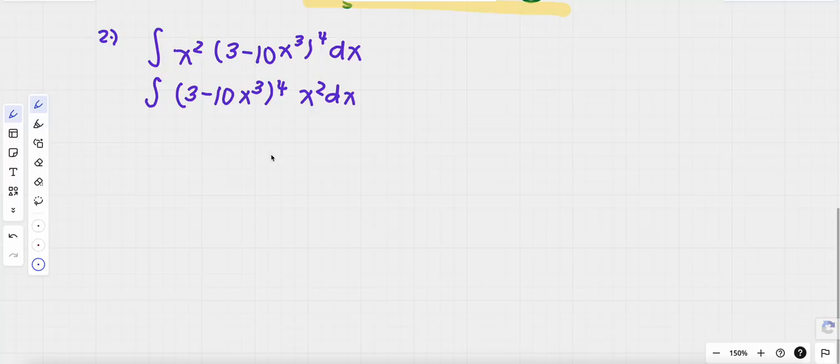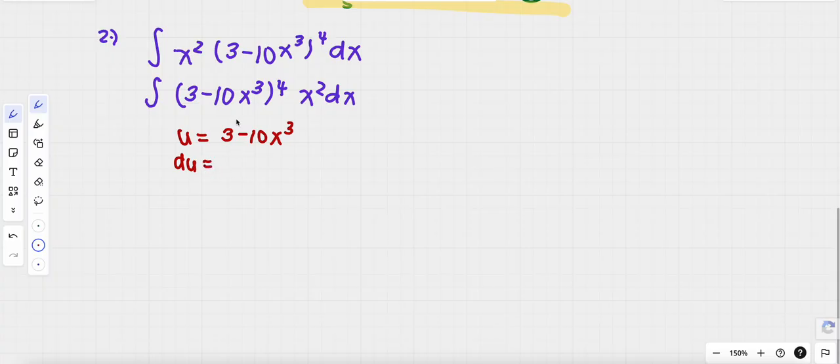Now let's try to use the assumption earlier that our u here will be the one inside this parenthesis. Okay, so let's use that assumption that it will be our u, 3 minus 10 x cubed, and then differentiate to find du.